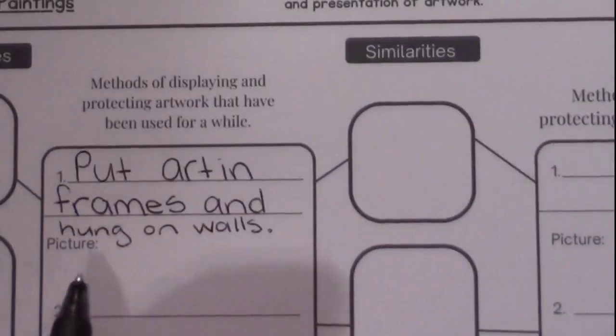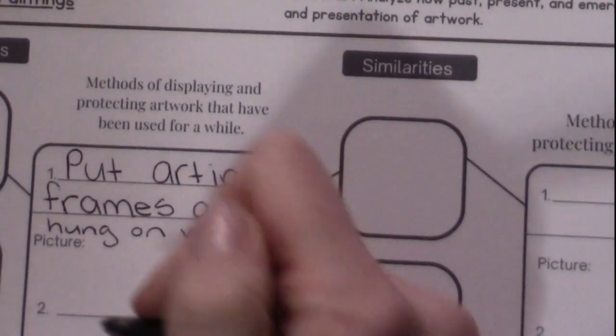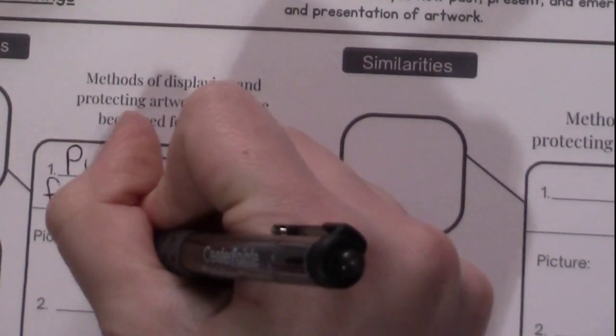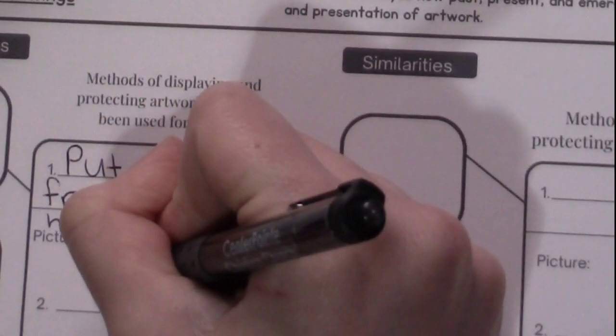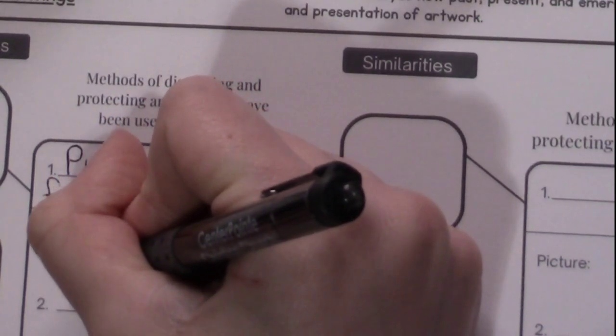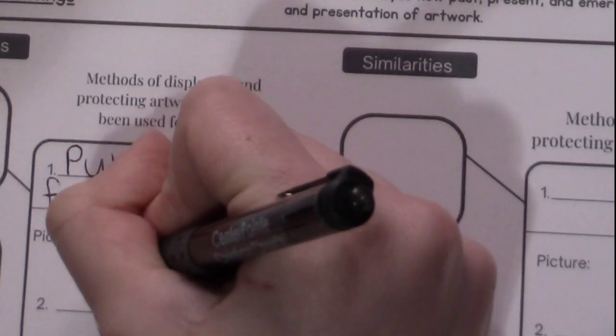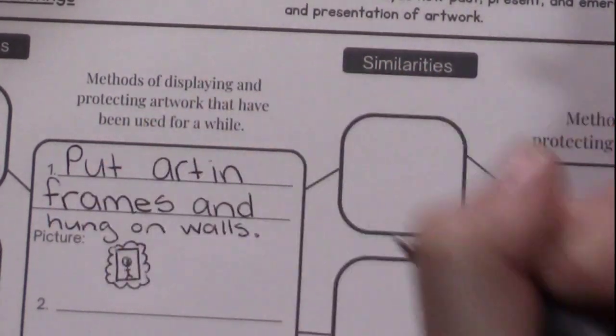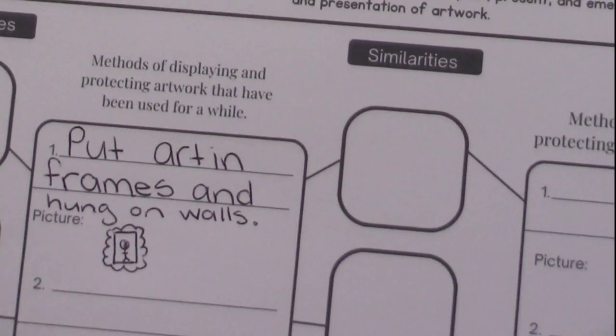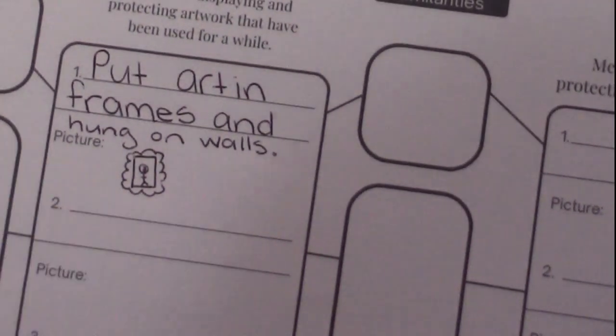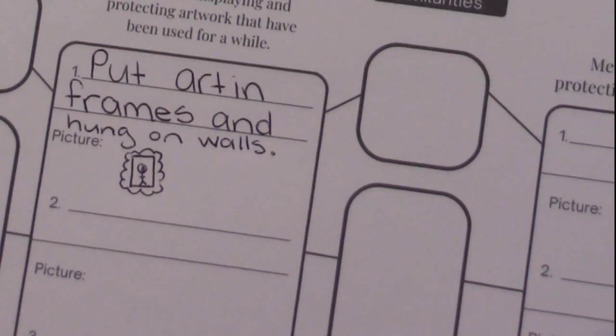And this is art class, so we get to draw on our exit slips. So you can draw yourself a picture of whatever you wrote. Okay. I'll give you guys some time to finish writing and drawing.